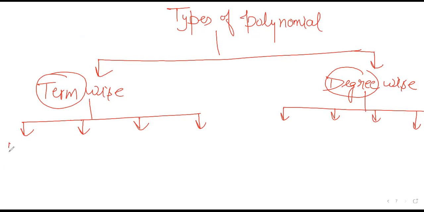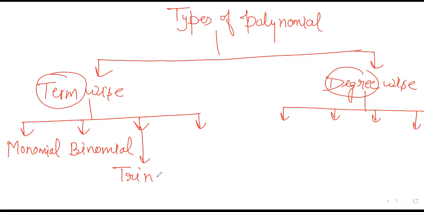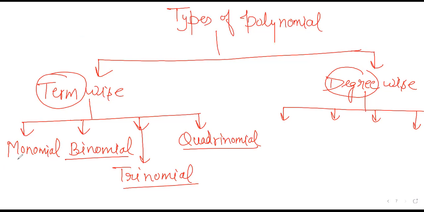Term-wise, first is monomial, second is binomial, third is trinomial, and fourth is quadrinomial. These are the names of polynomials by the number of terms they contain.